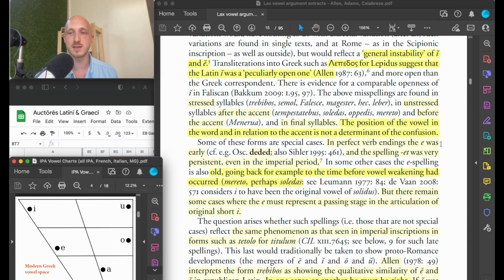In the perfect verb endings, the e was the early one in the perfect. So deded for he or she gave. So dedit in classical Latin, deded. And the spelling et was very persistent even into the imperial period. Some other cases of the e spelling are also old, going back, for example, to the time before vowel weakening had occurred: merito, or soledad.